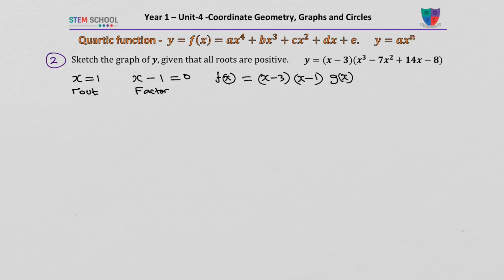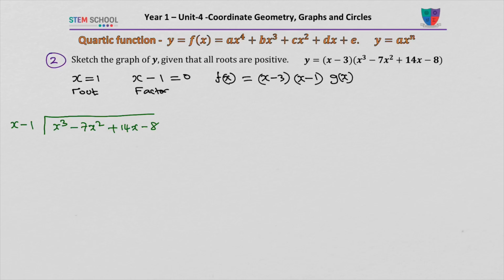To do that, I need to divide this function by x minus 1. So I've got my division to do here: x minus 1 into x cubed minus 7x squared plus 14x minus 8.